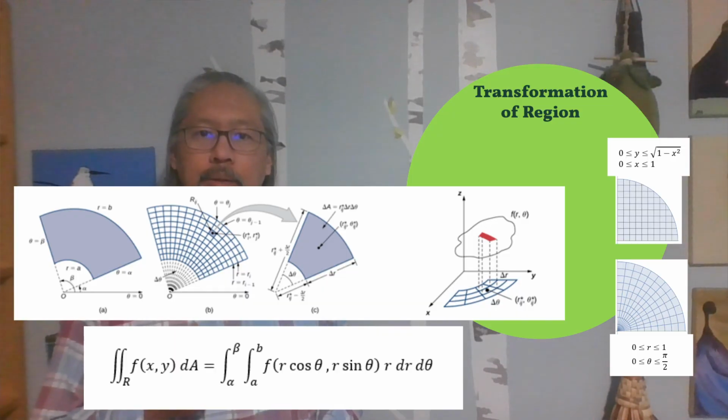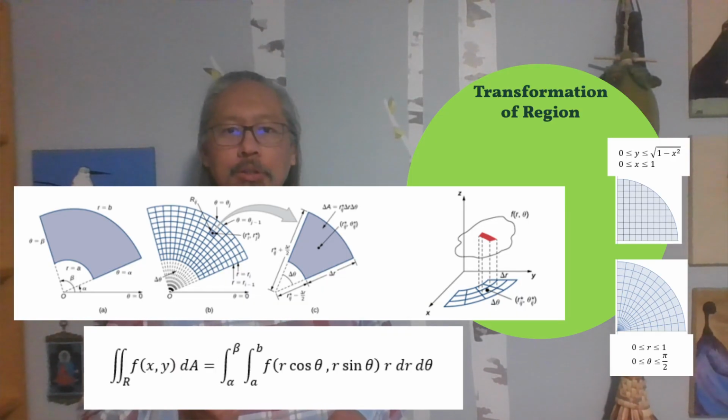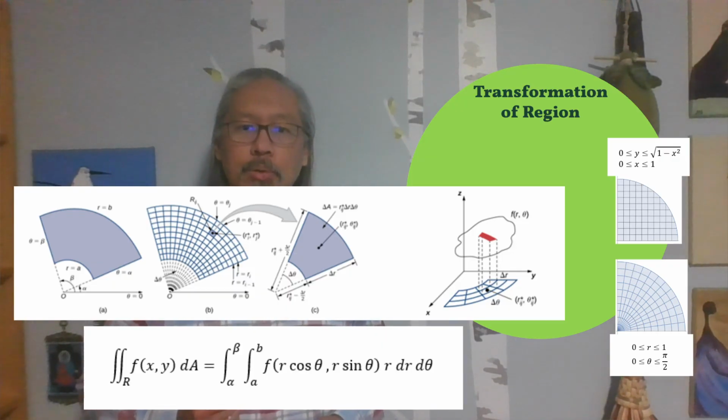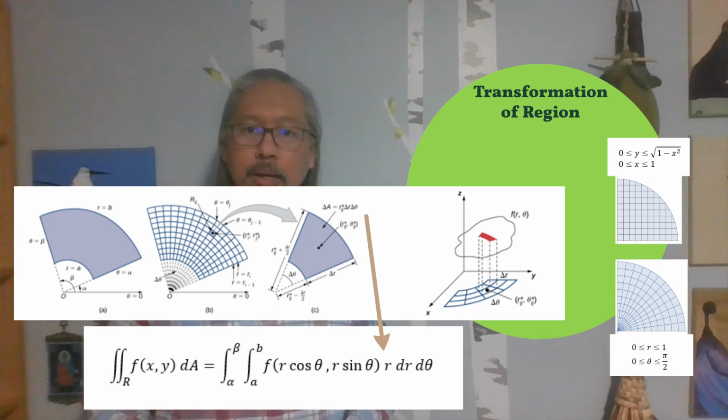So this is I think the vitally important lesson in this section: when you do the transformation to polar coordinates and you switch your double integral, instead of dx dy or dy dx, when you switch that to dr d theta, you always have to have an extra r that comes out.